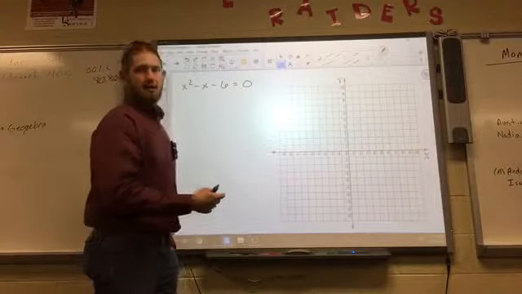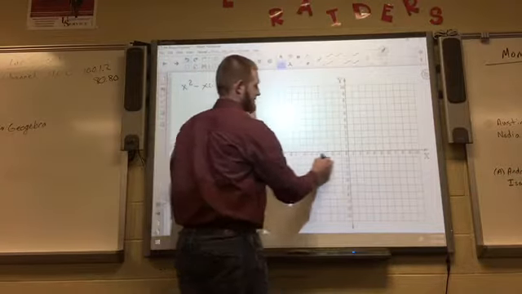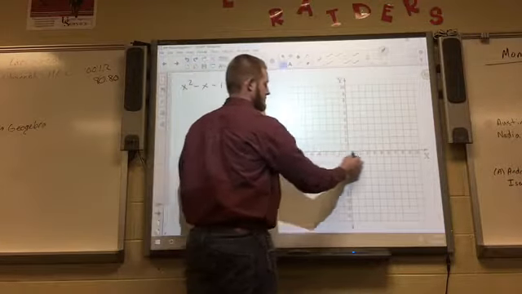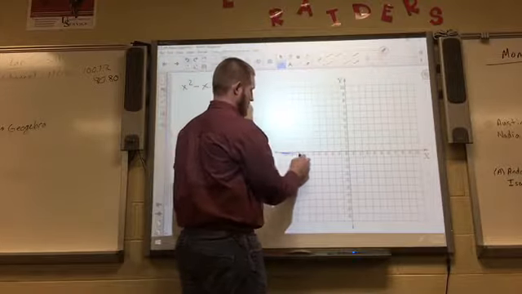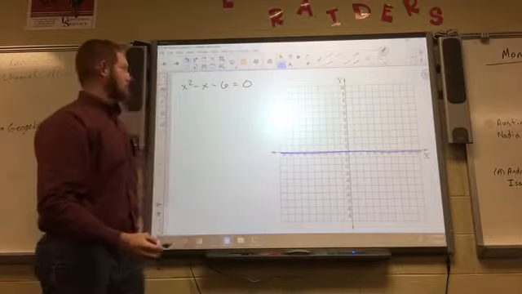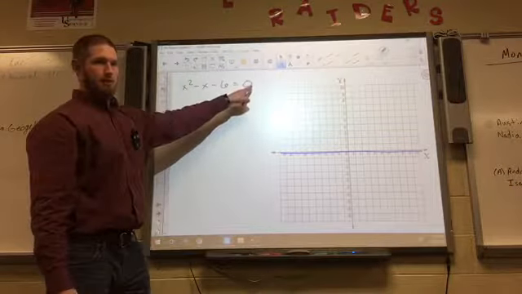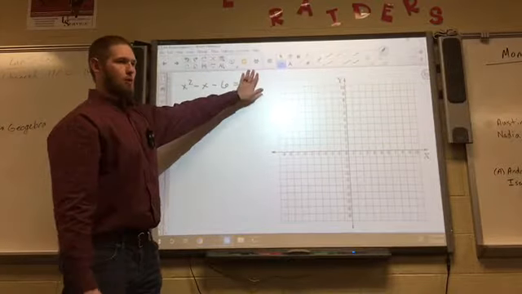If it's crossing the x-axis, what is the value of y? 0. Right? At any of these points here, y is 0, correct? So I plugged 0 in for my y. So that's why that's 0 and not y anymore.